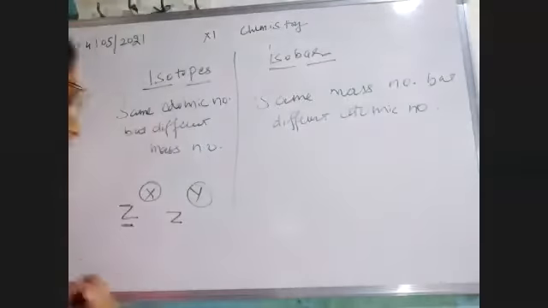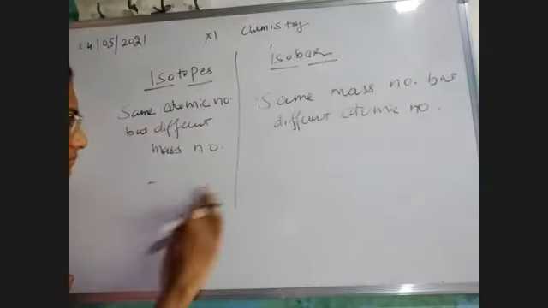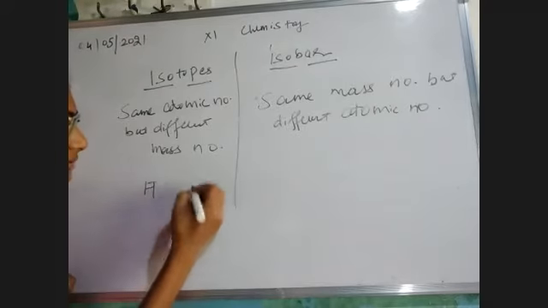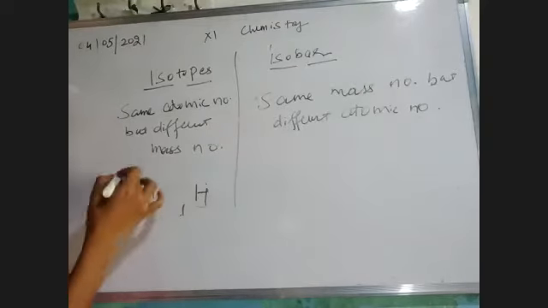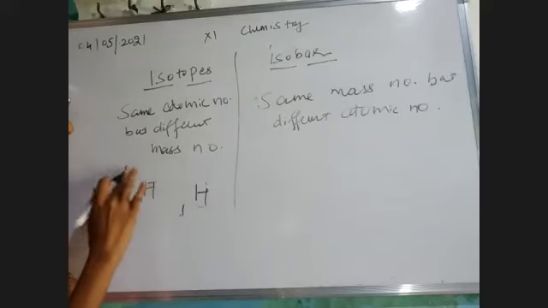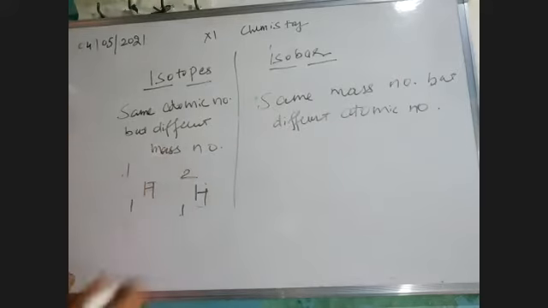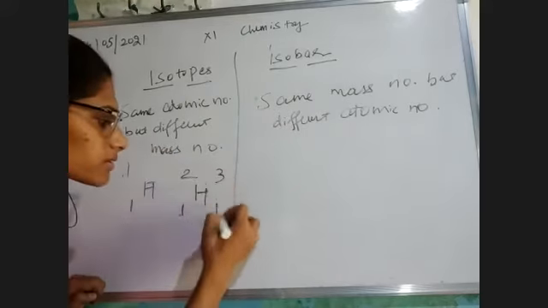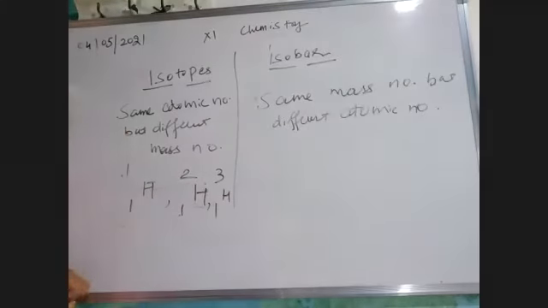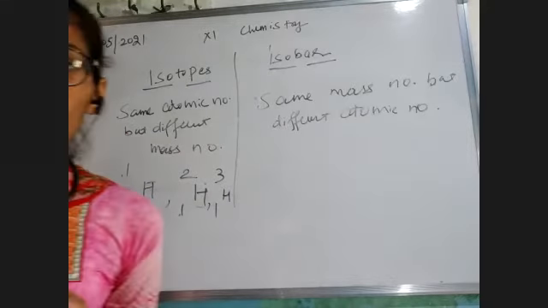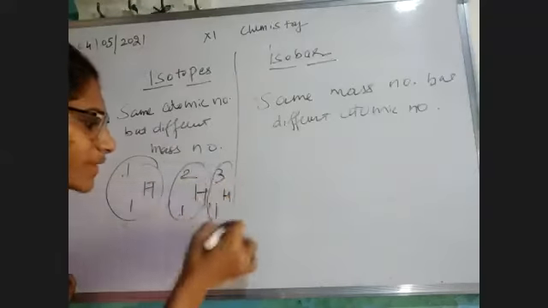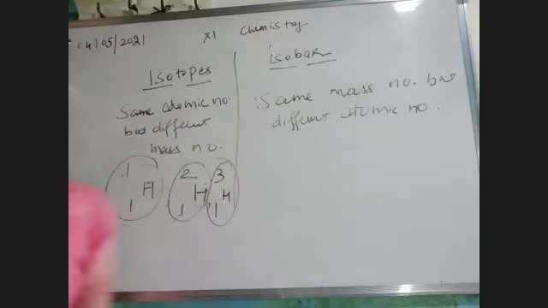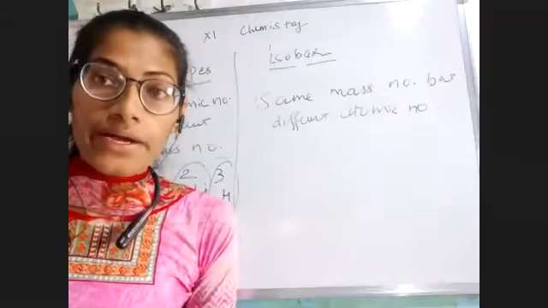Quite simple. In hydrogen, we have 1 1, 1 2, 1 3, since we are having the same atomic number. These are known as isotopes: 1 1 hydrogen, 1 2 hydrogen, 1 3 hydrogen are the isotopes of hydrogen.